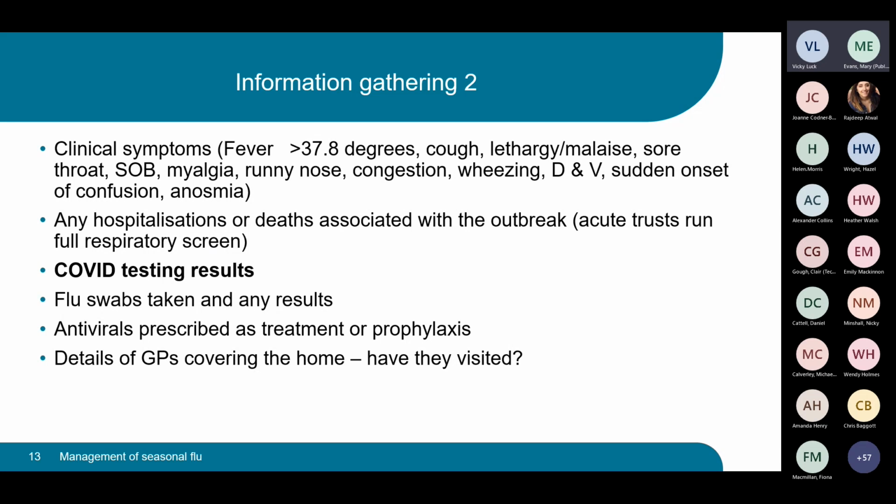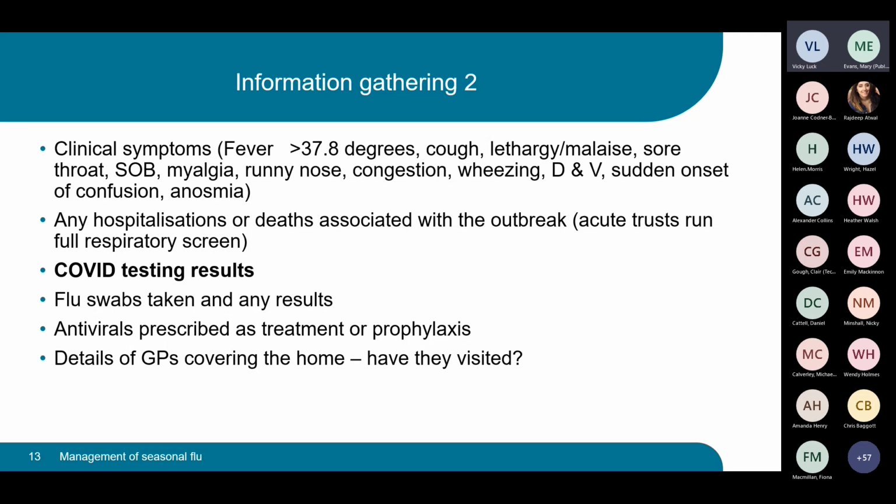As somebody mentioned about the COVID testing results, and again, just asking about the timescale in which these have been taken, because that's particularly important as well. If it's been a significant period of time, we may need to do COVID testing alongside any respiratory screen testing.